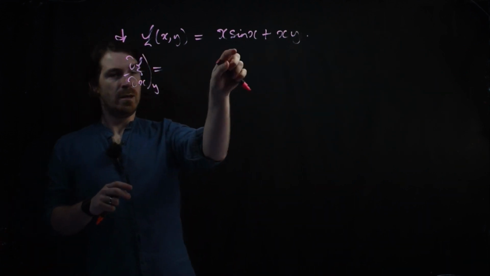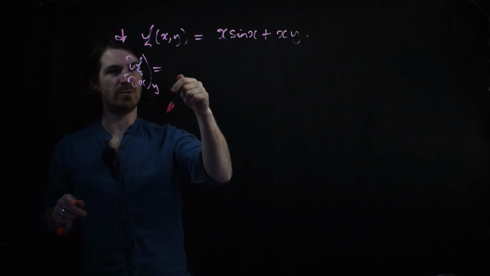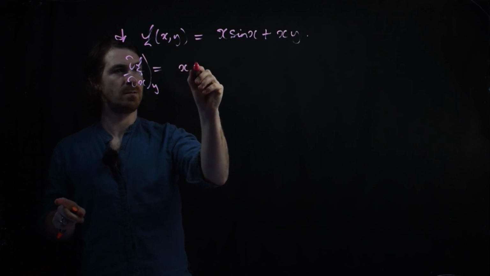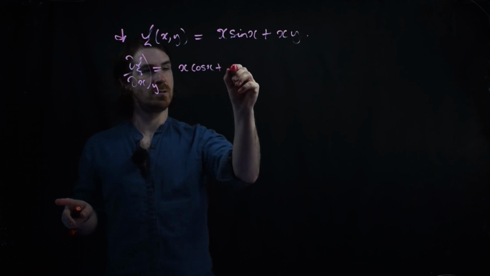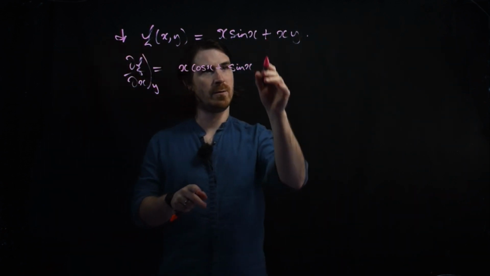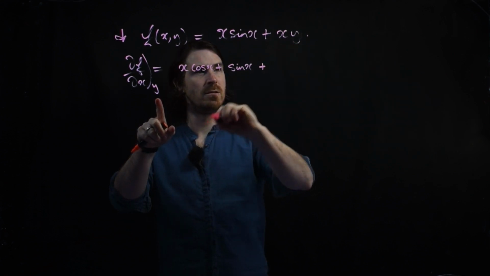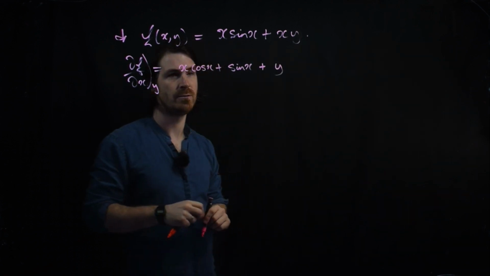If we hold y constant, y doesn't appear in the first term, so this will just be x cosine x plus sine x, just the product rule. And then we differentiate the second term, keeping y held constant. The differential of x is just 1, so this is the result.